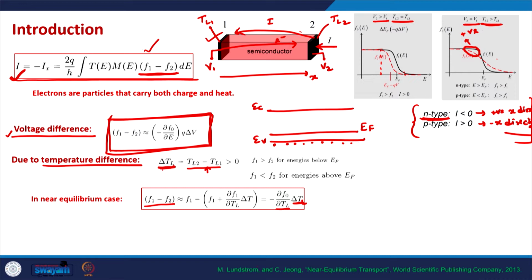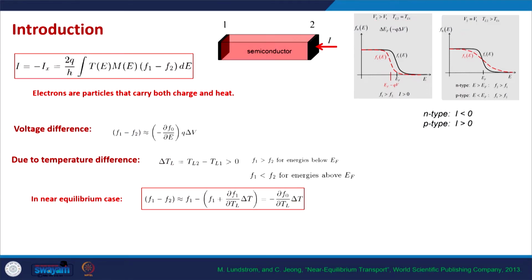And this is very important because let us say we have an unknown piece of semiconductor, and we do not know whether it is p type or n type. In that case, what we just need to do is heat on one side.